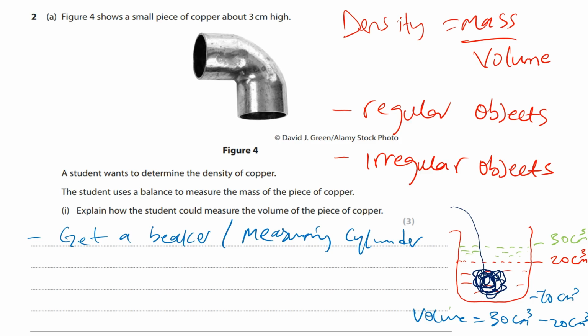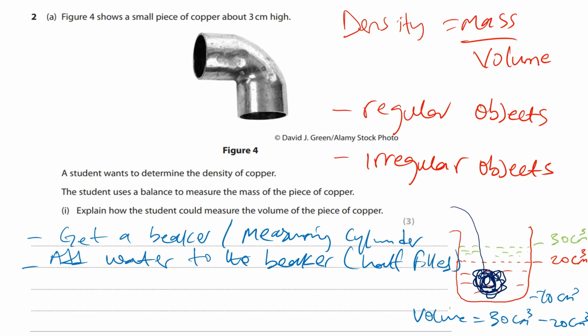Then the second thing is add water to the beaker or measuring cylinder, depending on what you want to use. Then you can just write half filled in bracket. Then what you're going to do next is insert the object.